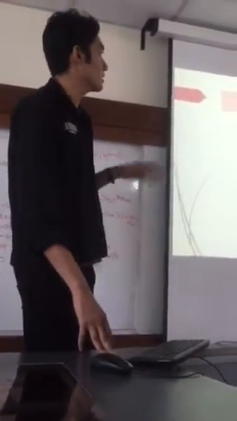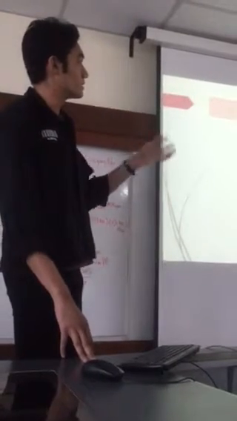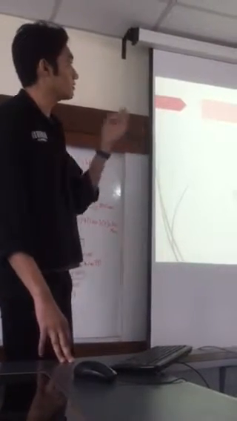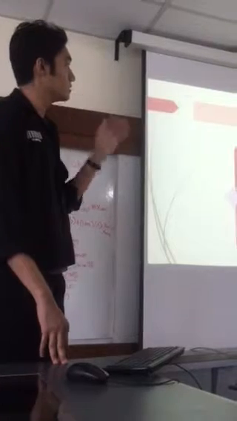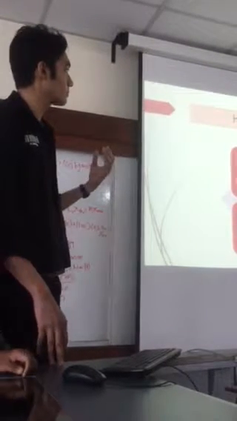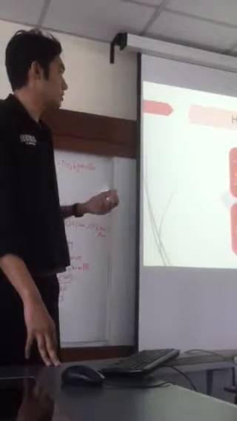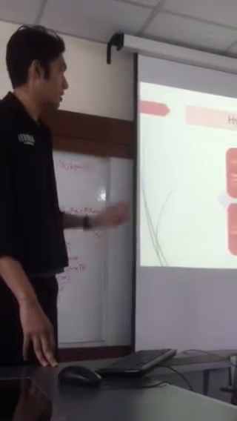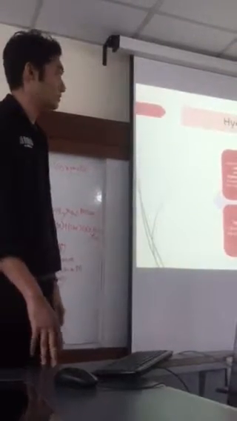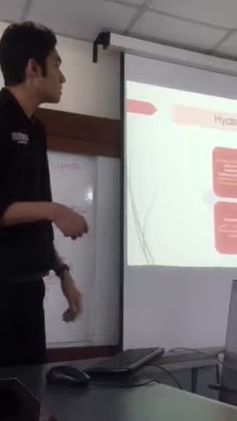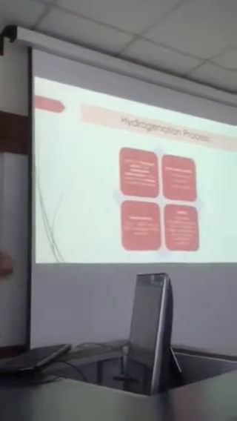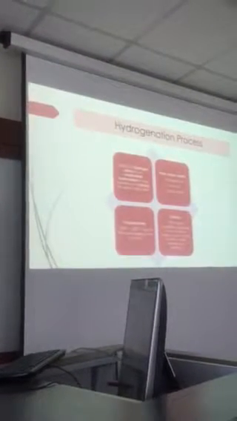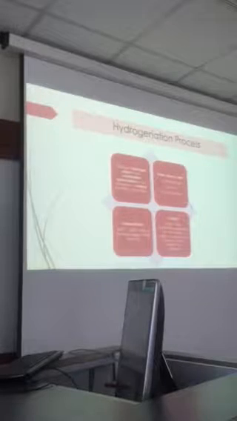Okay, this is one of the processes that we chose, which is the hydrogenation process. Hydrogenation is the adding of hydrogen atoms to unsaturated hydrocarbon in the presence of a catalyst to make it saturated. It consists of a three-phase system: hydrogen gas, liquid oil, and solid catalyst.